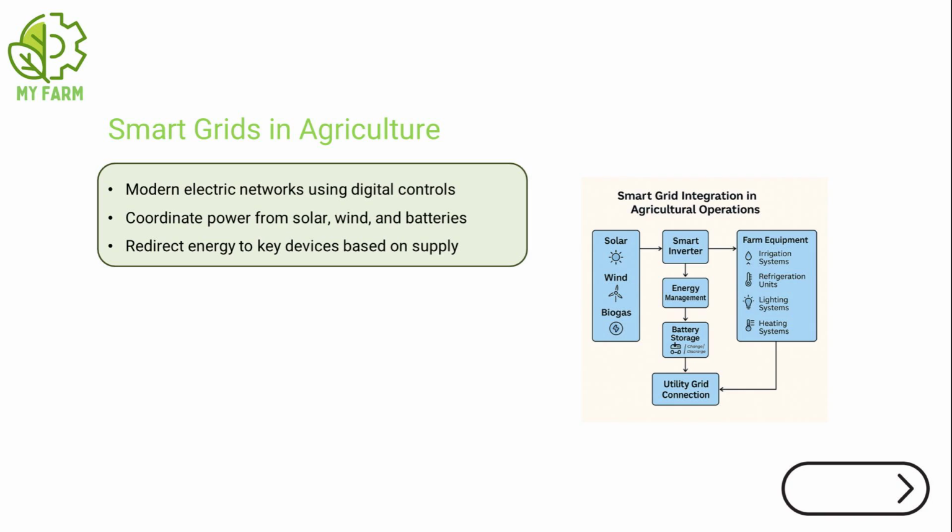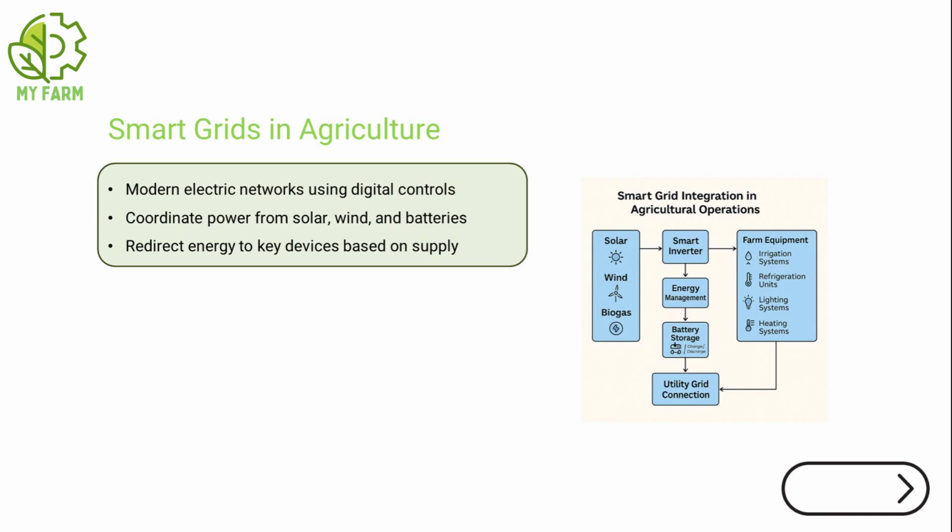Automated controls then direct energy exactly where it's needed most, to irrigation pumps during the day, greenhouse lighting at dusk, or cooling systems during peak heat hours. This kind of coordination helps reduce waste, avoid overloads, and ensure that renewable energy is used to its full potential.